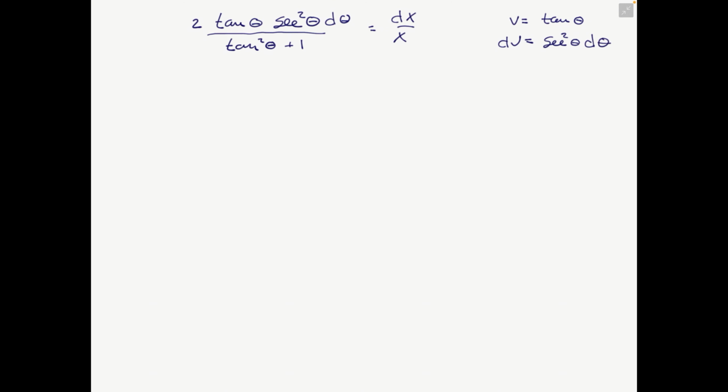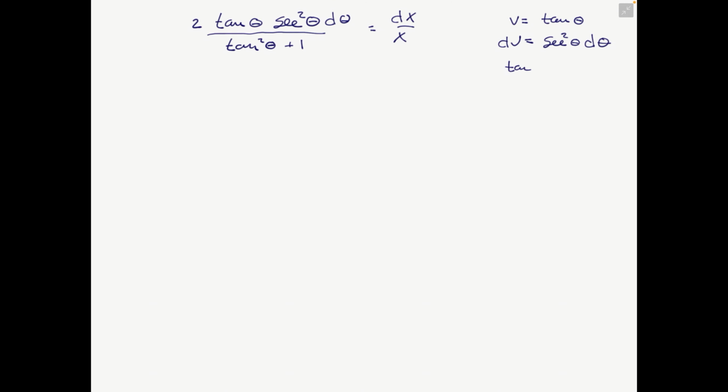Okay, so we had 2 tangent theta secant squared theta d theta on tangent squared theta plus 1 equals dx on x, and we had v equals tangent theta and dv equals secant squared theta d theta, just for reference.